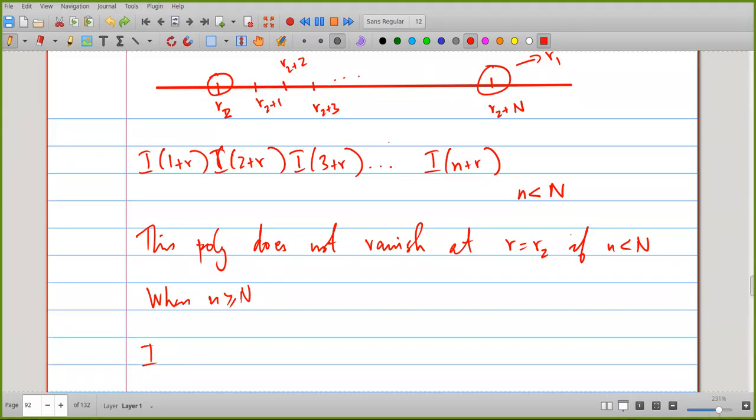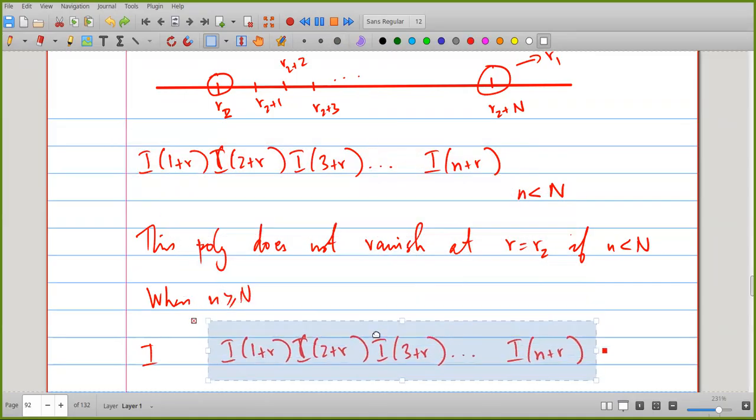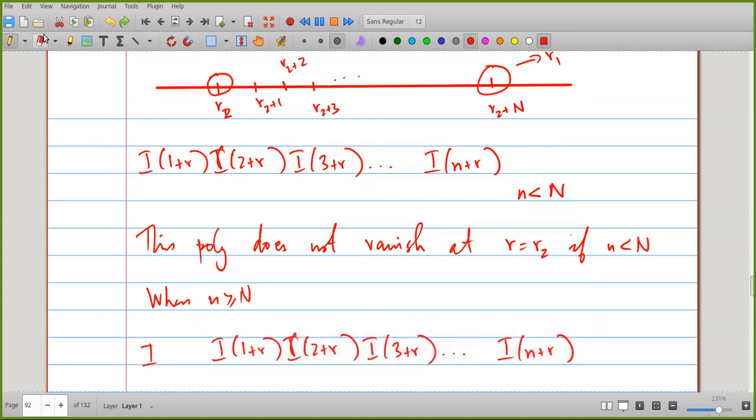So somewhere over here, we will have I of n plus R. When we plug in R2, this will vanish to order exactly 1 because this is a quadratic.